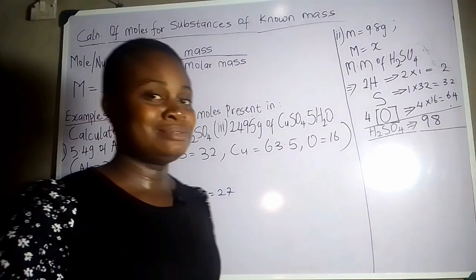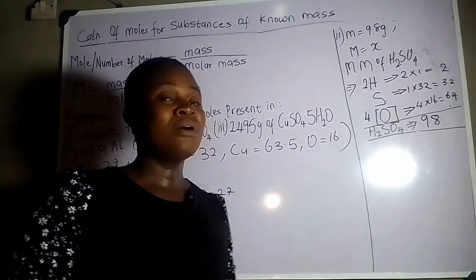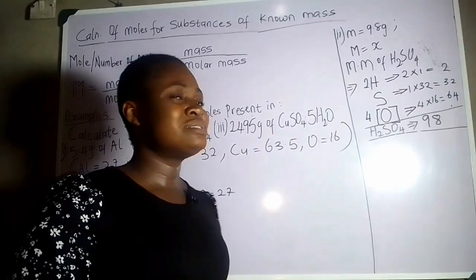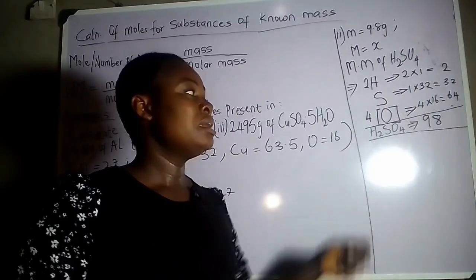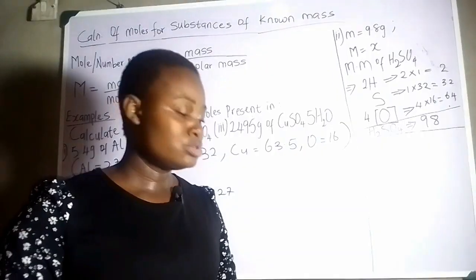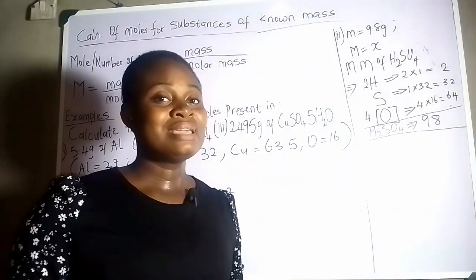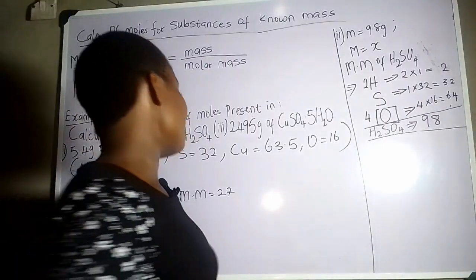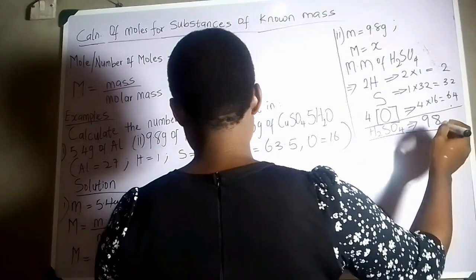I usually tell my students, the unit of whatever you are asked to find is very much as important as the answer itself. Don't write a unit that you are not sure of or are second guessing. Are you getting me? The unit of molar mass is gram per mole. Let's write it down.